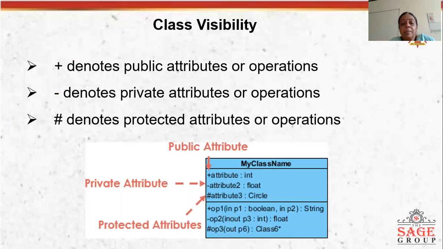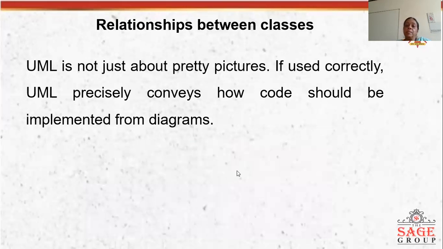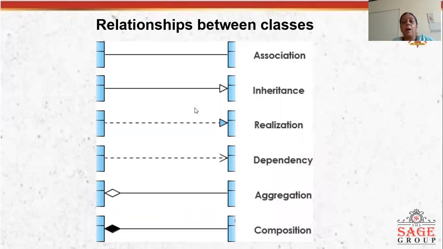These types of UML actually work with relationships. If members are private, you can't access them outside the class, you can't pass them outside the class or in another class. So these notations are useful for relationships. Now, how many types of relationships are there? Association, inheritance, realization, dependency, aggregation, and composition.